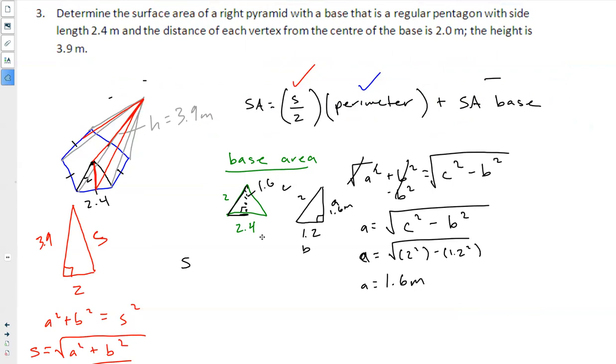Now to find my surface area of triangle, it's base times height divided by 2. So my base is 2.4 meters times 1.6 meters divided by 2.